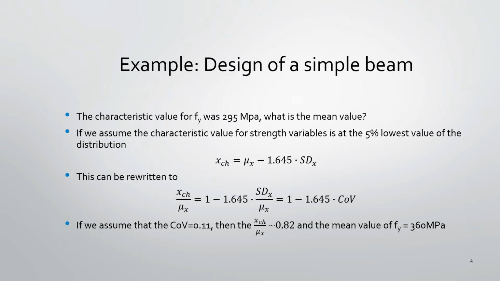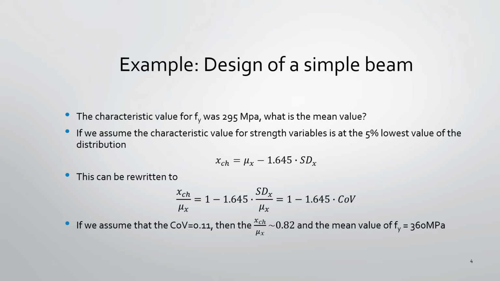This can be rewritten to an equation as a function of the coefficient of variation by dividing all parts by the mean value of x. If we assume that the coefficient of variation, COV, is equal to 0.11, the characteristic value divided by the mean value is approximately equal to 0.82.